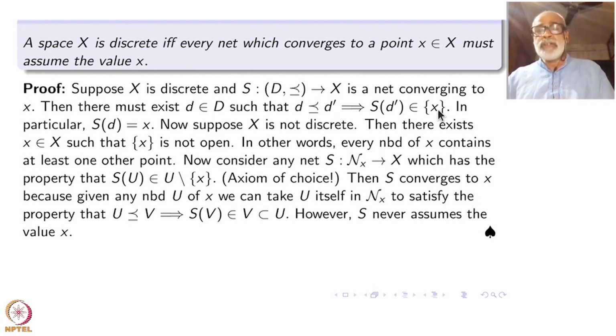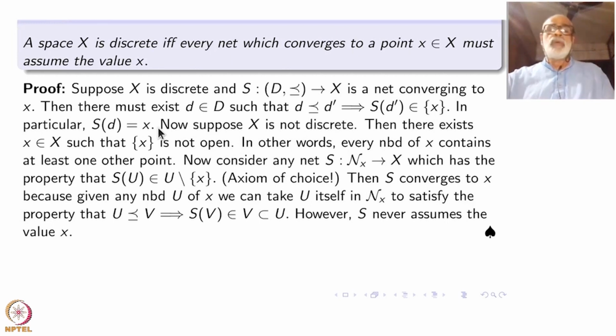So I am choosing this neighborhood, and for that I must get this property because of convergence: anything bigger than D, S_D' must be inside it. In particular, putting D' equal to D, S_D must be x. There is no other element here. So the value is assumed.